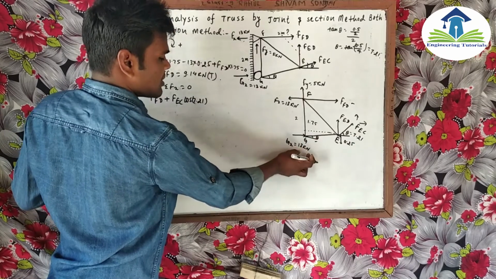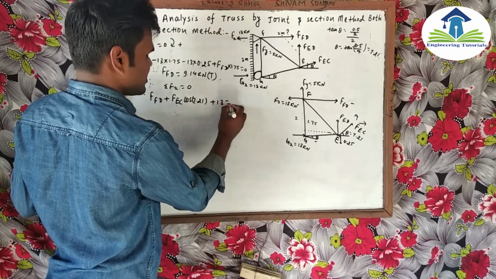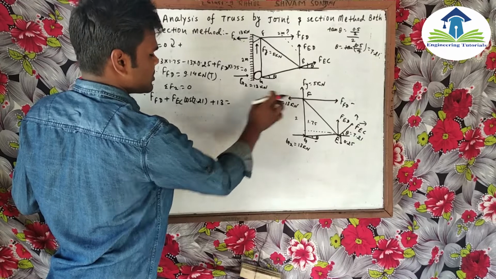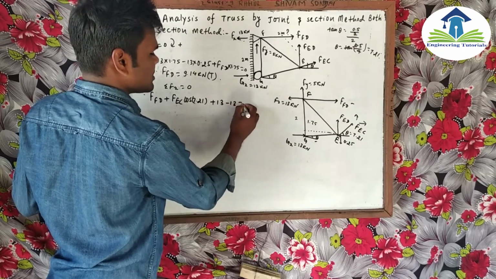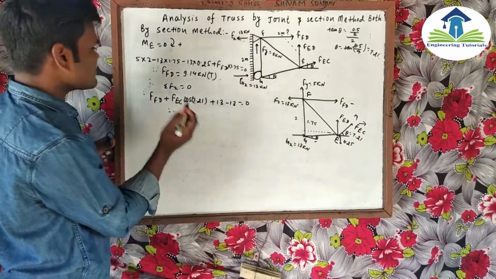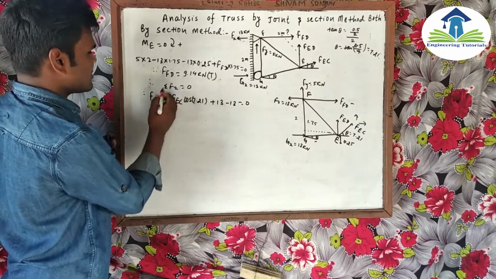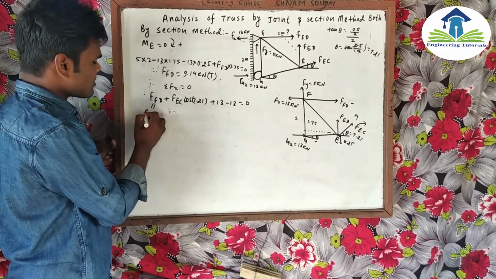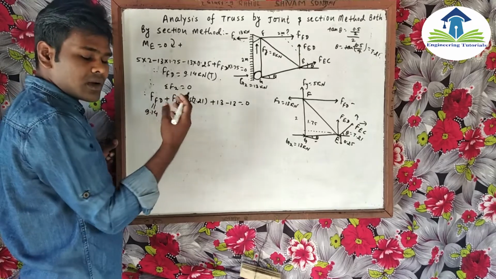Similarly, 30 kilonewton, and there is also a negative 30, so minus 30 is equal to 0. So the value of FFD is equal to 9.14. So after that you can calculate.